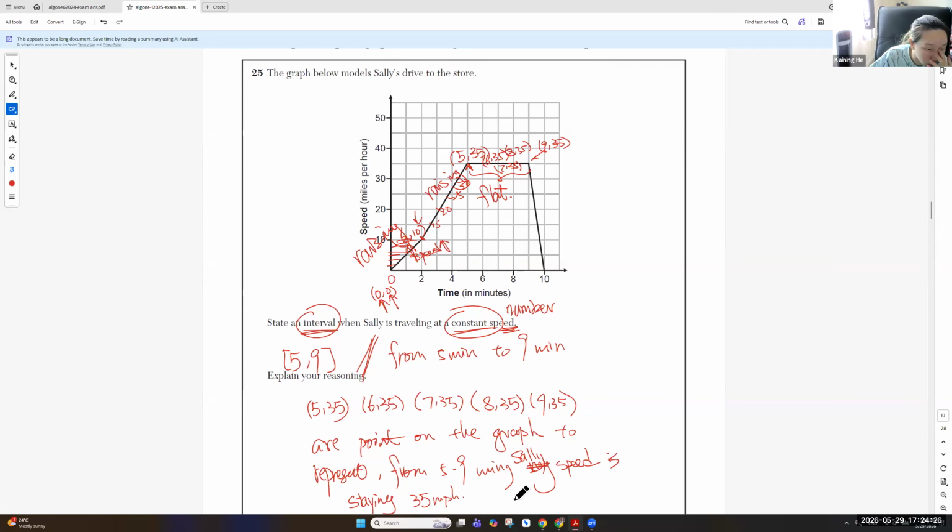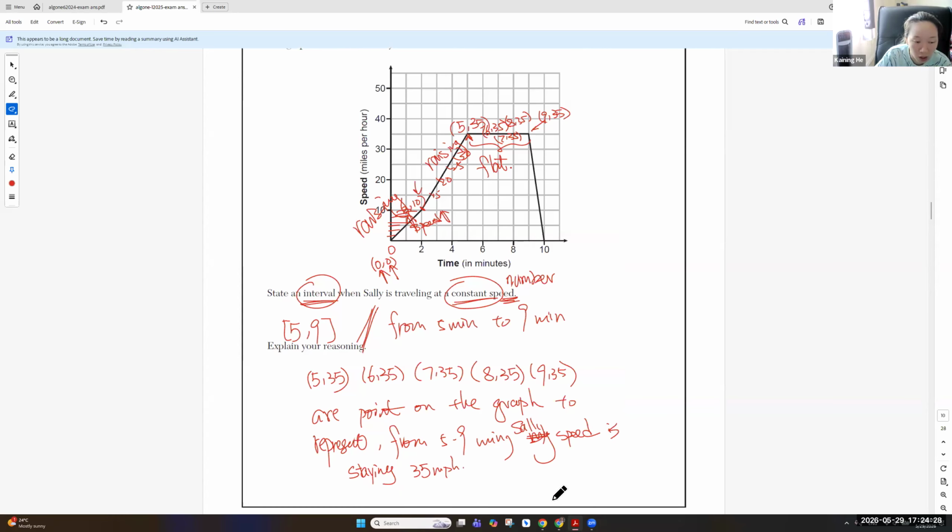That is why you know that it is a constant speed. So once again, final sentence: therefore, the speed is constant from 5 to 9 minutes. Always make a final statement, regardless of what you just answered.